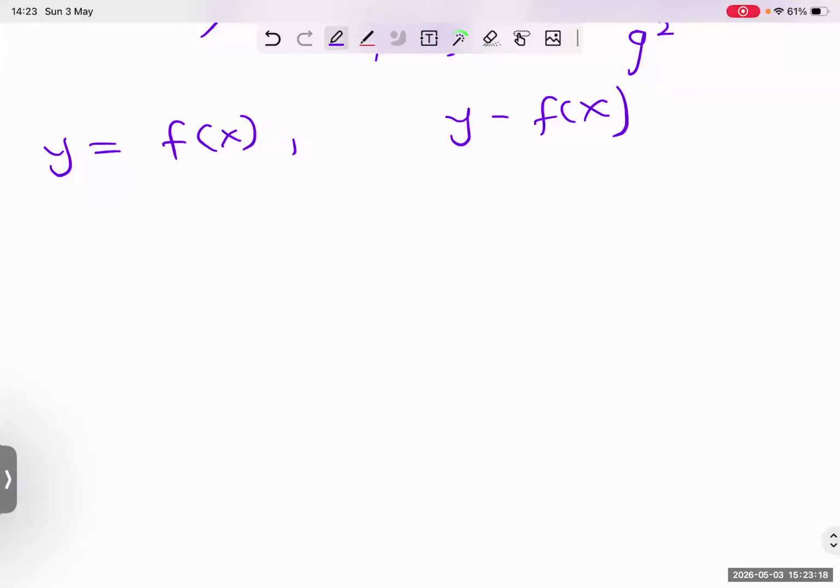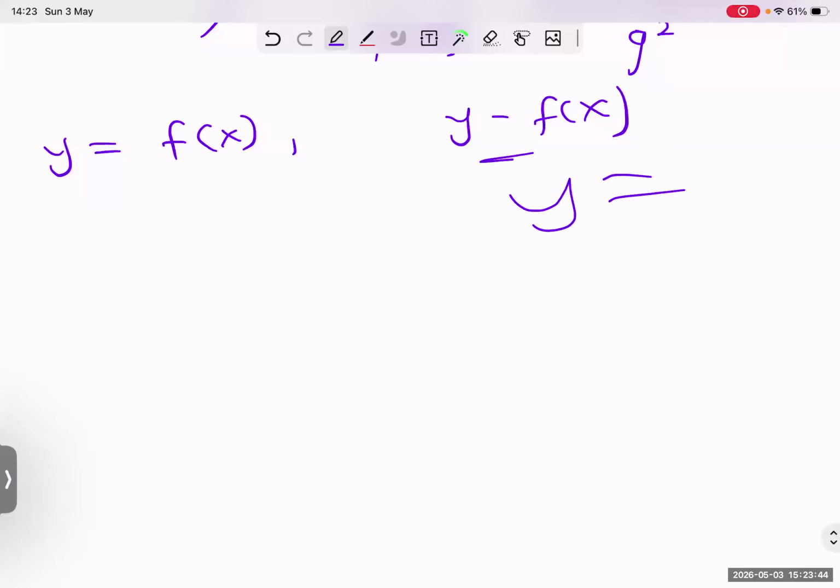Madam, the second one is implicit because the y has not been made a constant. I mean, it has not been clearly defined. Exactly. Yes. All right, so in the second function, y has not been clearly stated as y is equal to so and so.